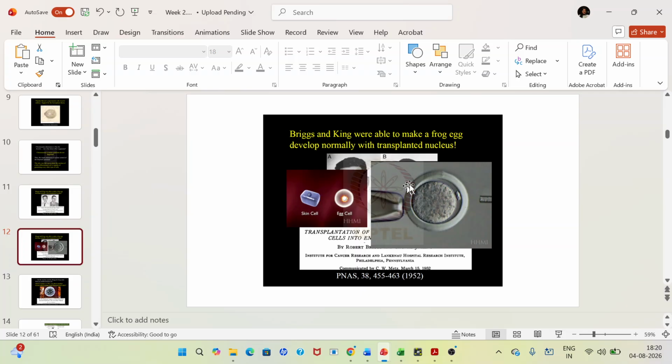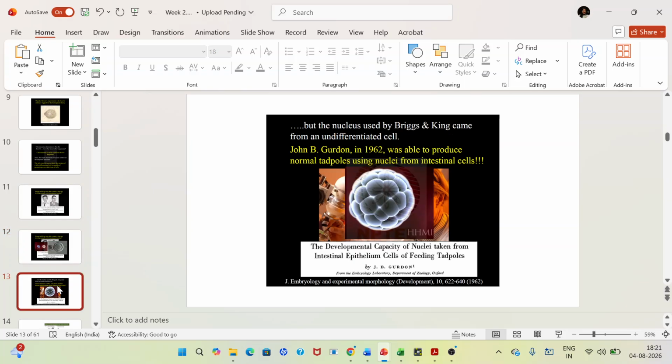So this is just to show how they added the nucleus from a skin cell to an egg cell. They transplanted the nucleus from the developing blastula into an enucleated frog egg just to show that development was occurring fine.